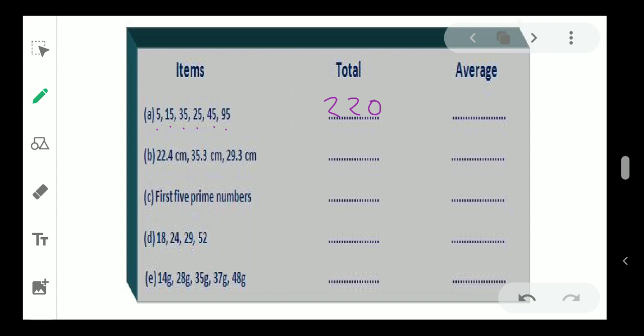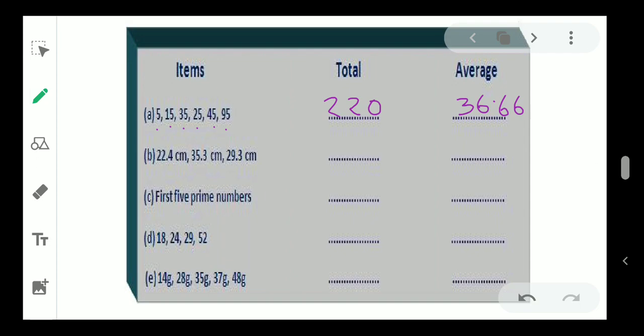Again I will add them to check whether I have done it correctly or not: 35, 25, 45 and 95. So yeah, 220 divided by 6 data will come in fraction. If you divide, you will get 36.66, like that.